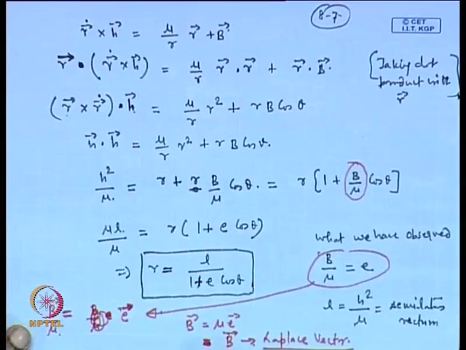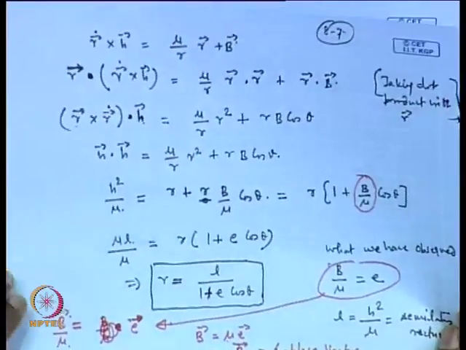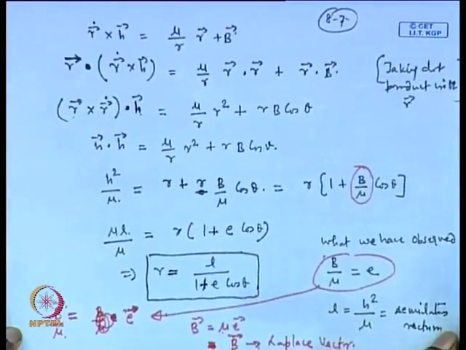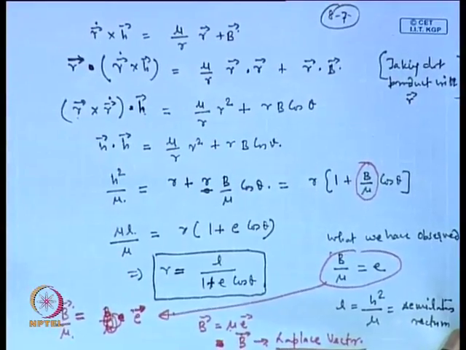So, if we multiply the eccentricity vector by mu, we get the Laplace vector B, or the other way, we divide the Laplace vector by mu, we get the eccentricity vector E. So, eccentricity is a vector which is directed toward the perigee, and it is very easy to prove.